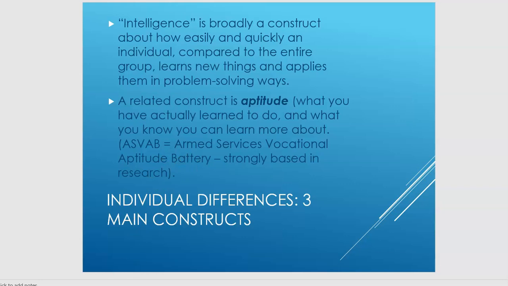Eventually the armed forces moved on to preferring measurements of this thing called aptitude, the things that you can do. And always there are some students who have taken the Armed Services Vocational Aptitude Battery, which is shortened to ASVAB.